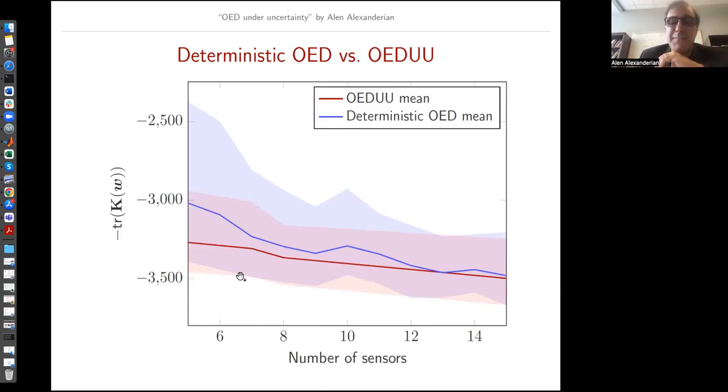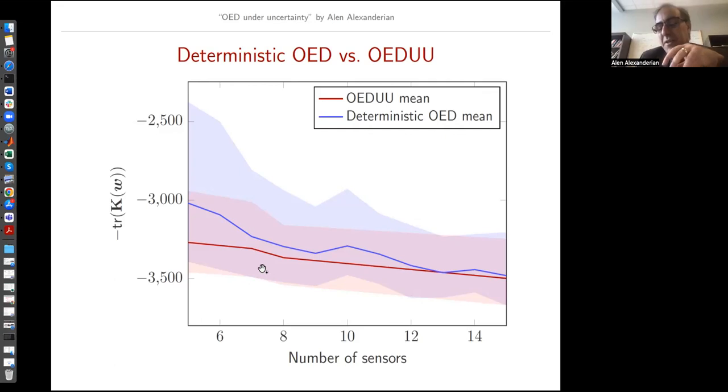This is the 5th percentile to 95th percentile bounds; this is what the shaded regions show. So OEDUU gives you a design that on average is good, but also the spread of this distribution is smaller. Again, it's a little bit fast, I understand, going through these results.